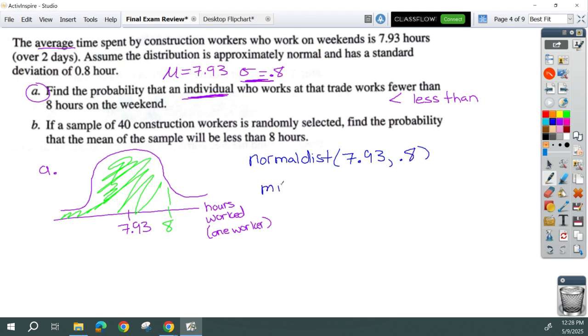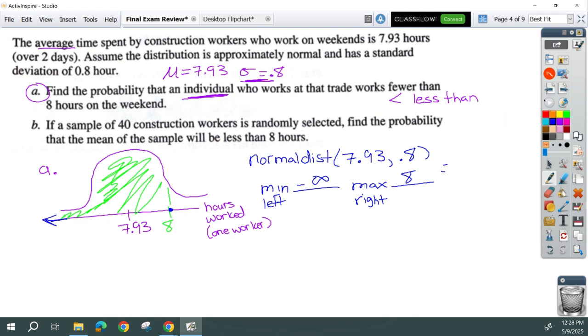And then we need to tell it the minimum and the maximum. And remember that minimum is what is on the left of the area you colored in. Maximum is what is on the right. Well, in this case, on the right is that 8 hours worked. And on the left is negative infinity, because this thing technically goes on forever and collects almost meaningless fractional amounts of probability as we get to the end.